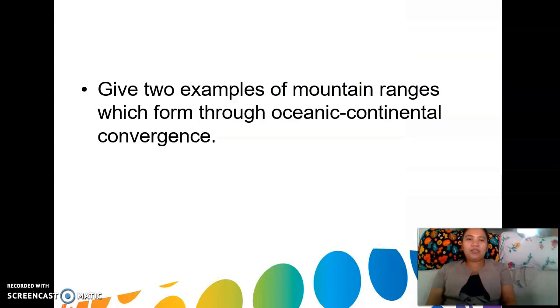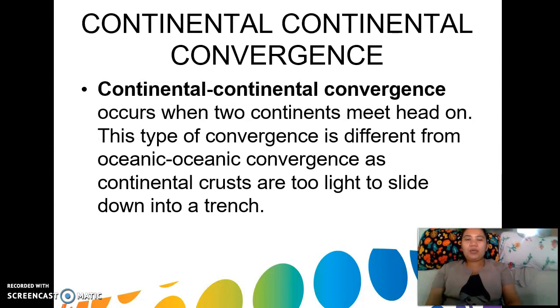Next, give two examples of mountain ranges of this type of convergence. You have the Andes and the Cascade Range. Continental to continental convergence occurs when two continents meet head-on. This type of convergence is different from oceanic to oceanic convergence, as continental crusts are too light to slide down into a trench.